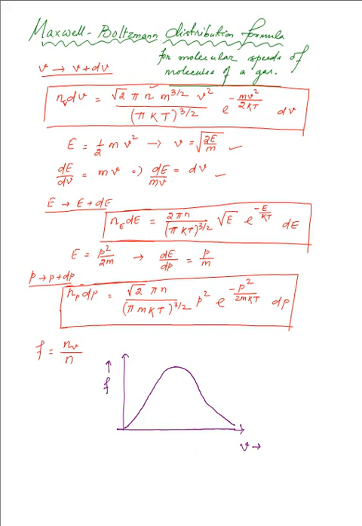Now, if we consider the graph, we analyze that, and we come up with the maximum value that is possessed, and that is the most probable velocity term. So the most probable velocity term here is Vm.